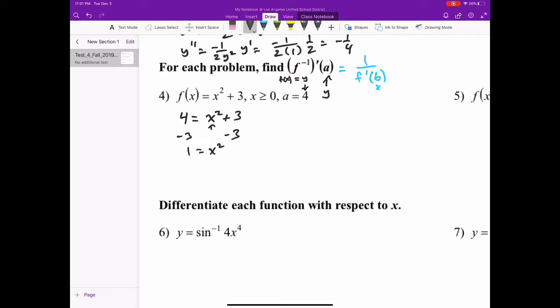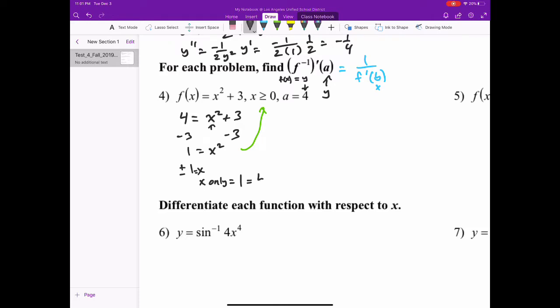Lucky for us, we're told that x is greater than 1. So instead of having two possibilities where we had to say plus and minus 1, x can only equal 1. Okay, great. So now we have our b value.